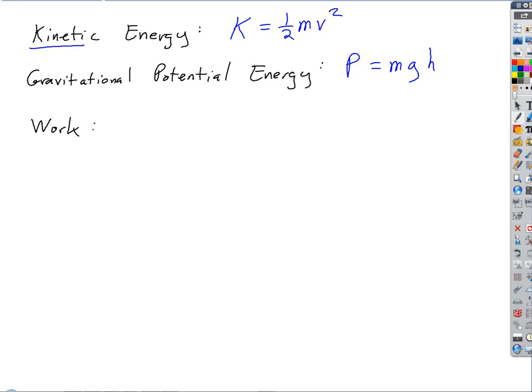Excellent. Okay, so h is going to be the distance, the height above or below whatever our reference is going to be for gravitational potential energy. Because to say that there's some absolute gravitational potential energy is kind of ridiculous, right?